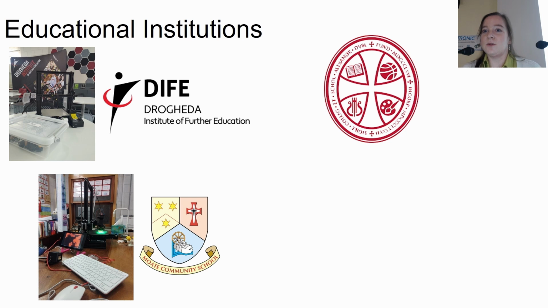Then we have 2 secondary schools. Secondary school in Ireland would be the equivalent of le collège and le lycée together. I'm particularly going to talk about Moat Secondary School. Moat is in the middle of Ireland, and there are 3 girls here who are doing a Young Scientist project, which is a competition in Ireland where people in secondary school get to make their own project, follow it through and present it.